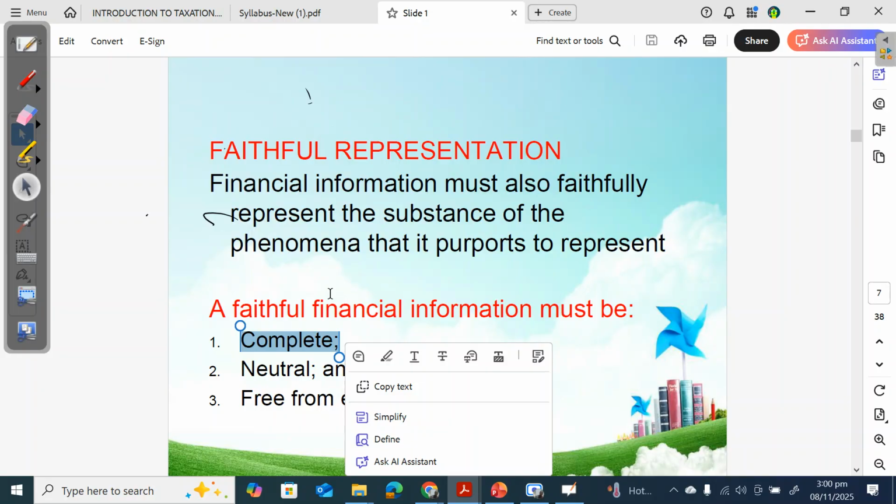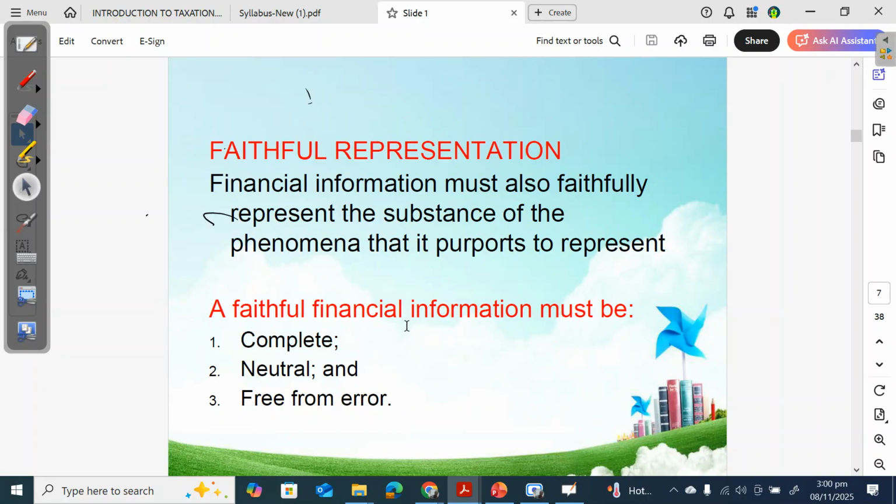It's not like you have left some expenses out. When it comes to tax, that's where the issue is. Usually people try to leave out certain expenses like donations and penalties. Those expenses that GRA will not accept, people try to remove them in the accounts so that GRA will not see them. But for faithful representation, everything must be complete.